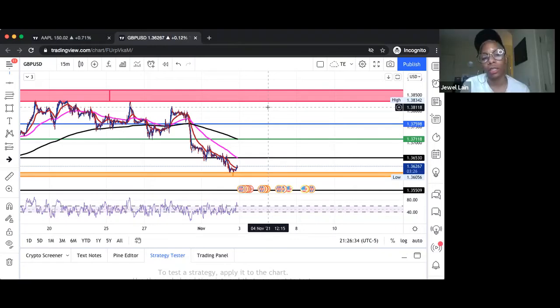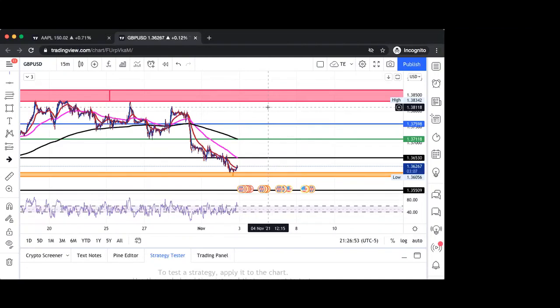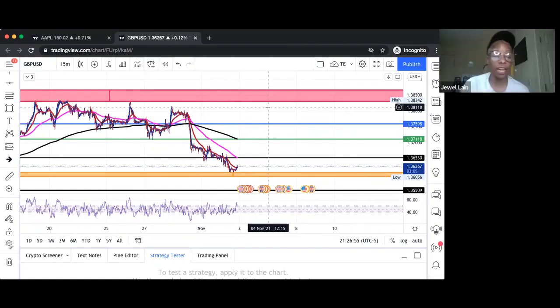I'm telling y'all, when you start working with bigger lot sizes, that's the hardest thing to do, because you do not want to close it out. It's really a mental thing. Think about it. If you've got $1,000 in your trading account, you can trade at $15 a pip, or $10 a pip.